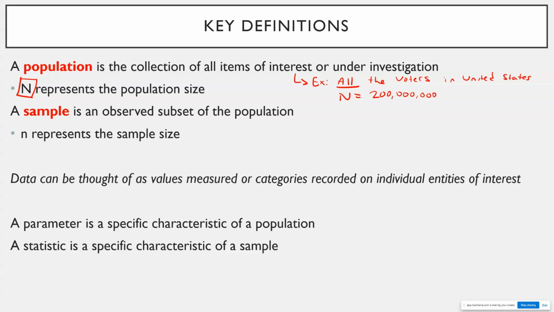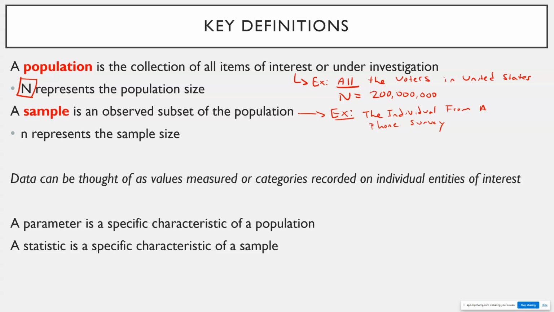Obviously it's not possible to call 200 million people and ask them, hey, are you going to vote in the next election? No, can't do that. So we take a sample, and a sample is an observed subset of the population. In our case, our sample might be the individuals from a phone survey. A polling firm might call a bunch of people and ask, are you going to vote in the next election?